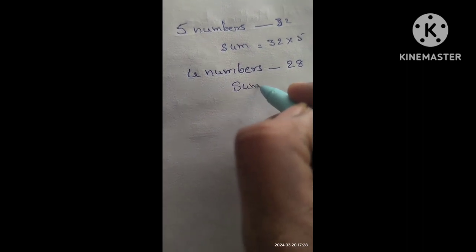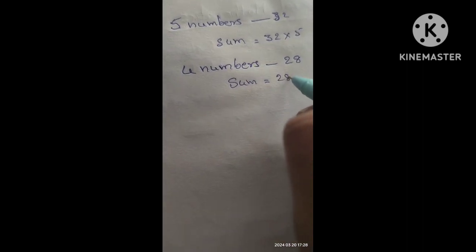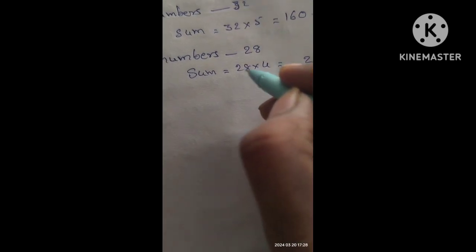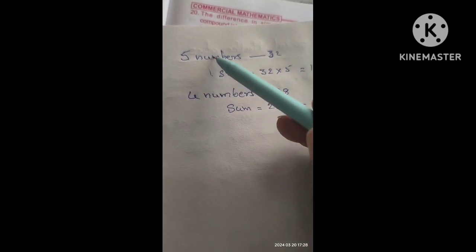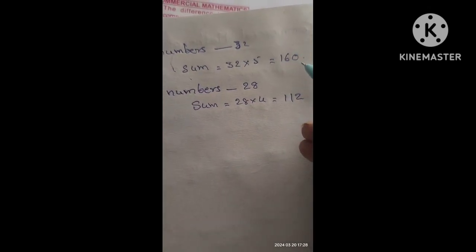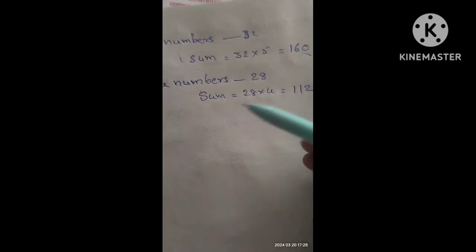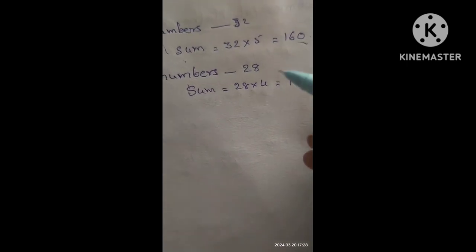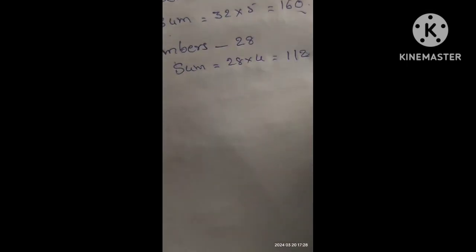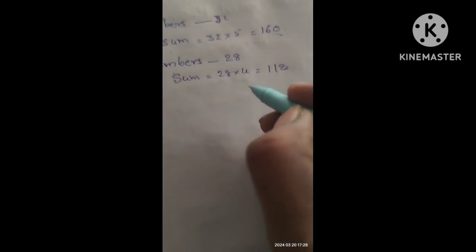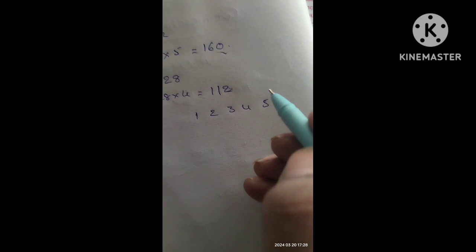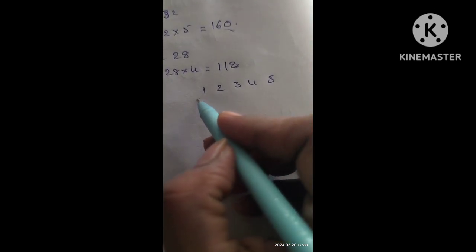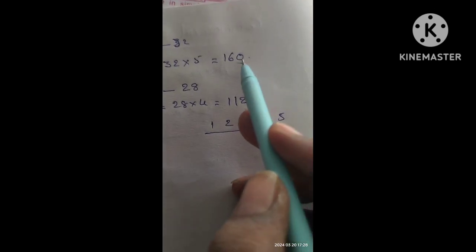Then if you take the sum of the numbers, that is average into 4, so 112. So if you take sum of 5 numbers, it is 160. If you take sum of 4 numbers, 112. That means the remaining number will be the 5th number. If you add total, you will get 160.